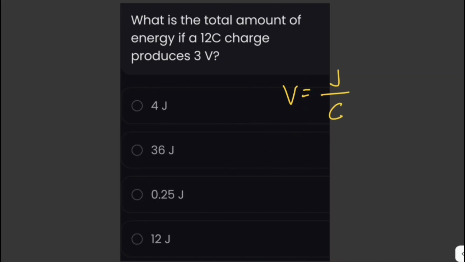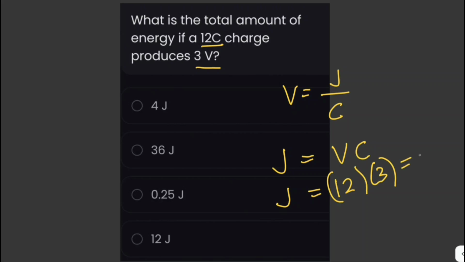Therefore, if we're going to derive that, joules is just equivalent to the voltage times coulombs, and we just plug in the given values here, which is 12 coulombs and 3 volts, to the formula. So 12 times 3 is equivalent to 36 joules. So the answer here is 36 joules.